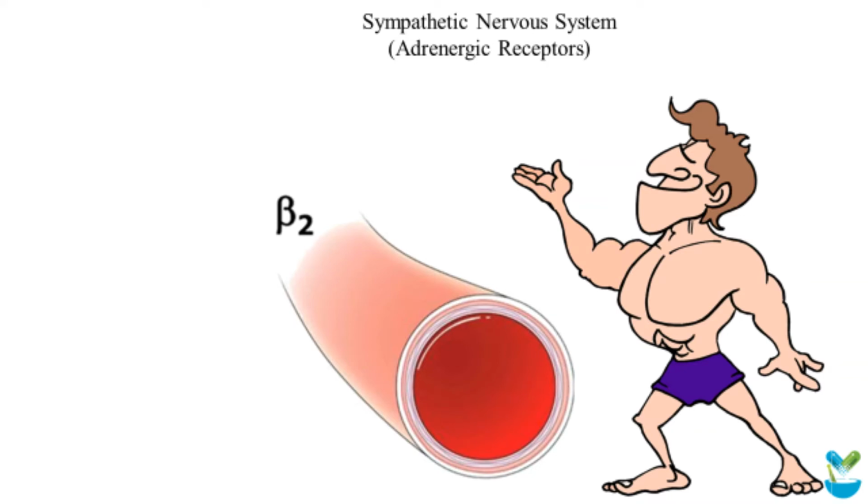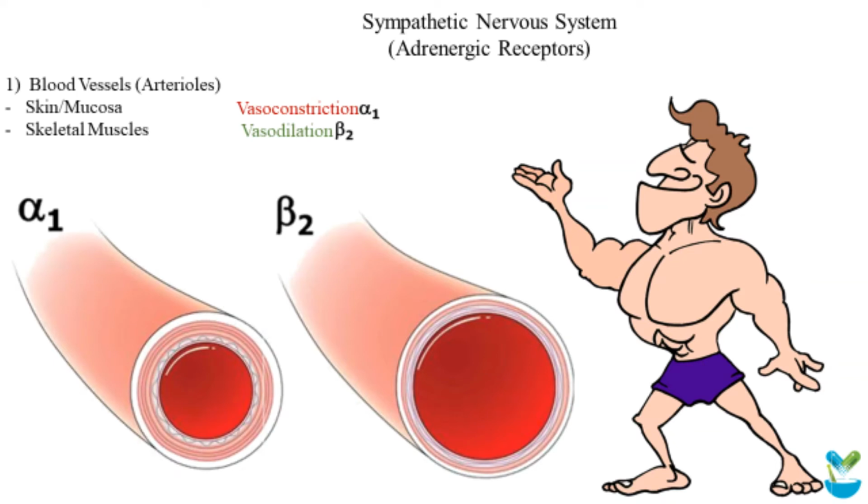But the blood flow towards skin or mucosa decreases. So vasoconstriction takes place and alpha-1 receptors are involved for constriction or contraction. For blood vessels of skin and skeletal muscles, as such there is no innervation of the parasympathetic nervous system.